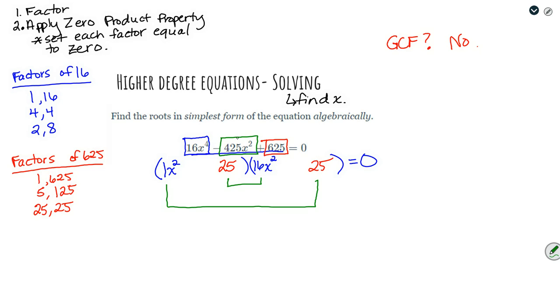Oh, that's a good indication because I need to combine to get 425. So 25 times 16x squared would be 400x squared. And then what is 25 times x squared? That would be 25x squared. Will those combine to be negative 425? Yes, if they're both negative. So that means this 25 needs to be negative, that 25 needs to be negative.